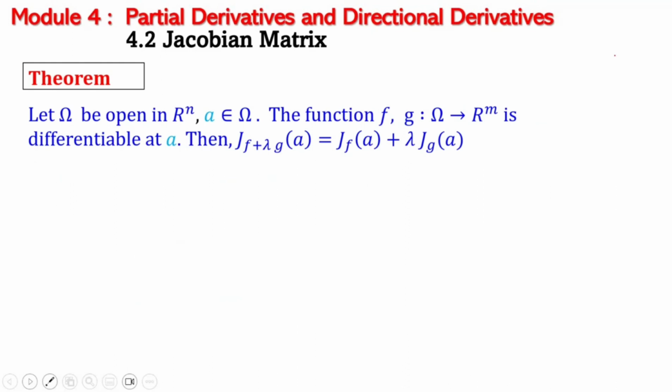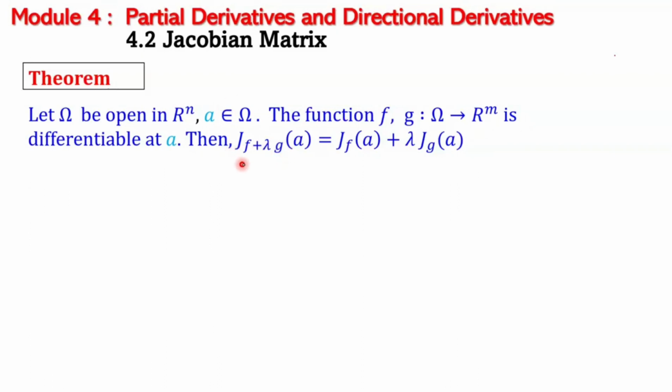We have another theorem, and this theorem says: let omega be open in Rn and A belong to omega, the point. Then the functions f and g, both from omega to Rm, are differentiable at A, the same point.